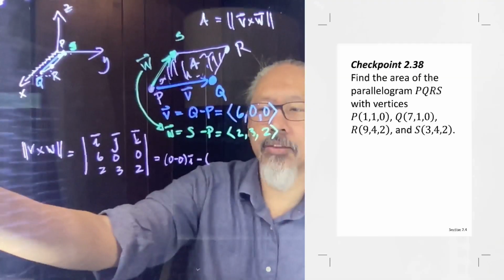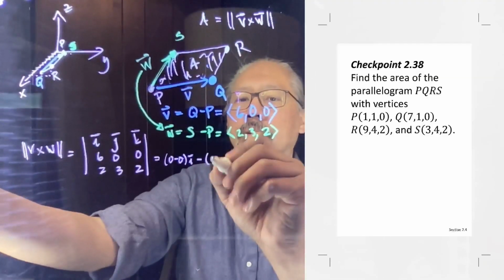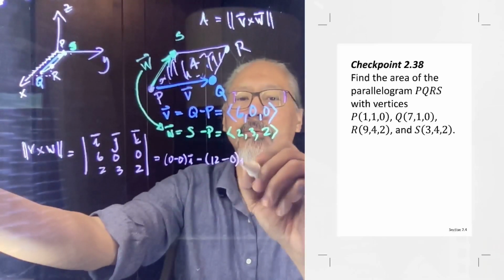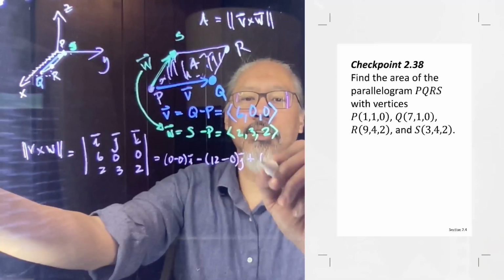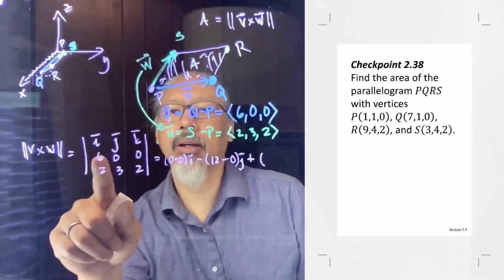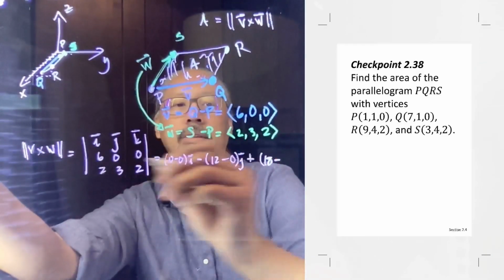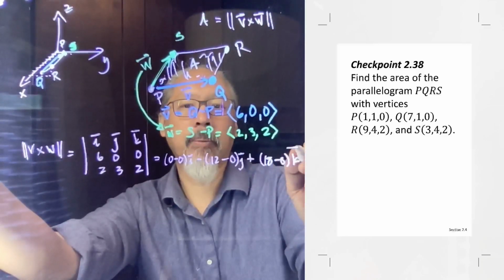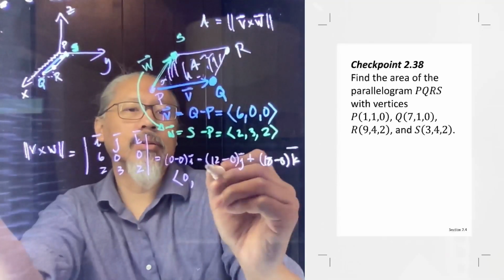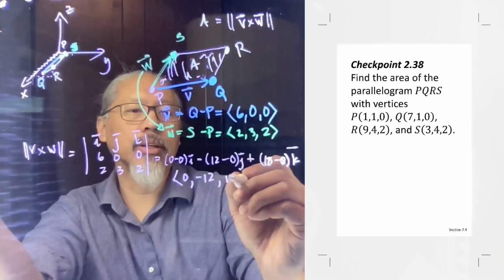Let's put a negative sign for the J direction: 6 times 2 is 12, minus 2 times 0, which is 0. And in the K direction, we cross out the K: 6 times 3 is 18 minus 2 times 0. What do we have? We have (0, -12, 18).